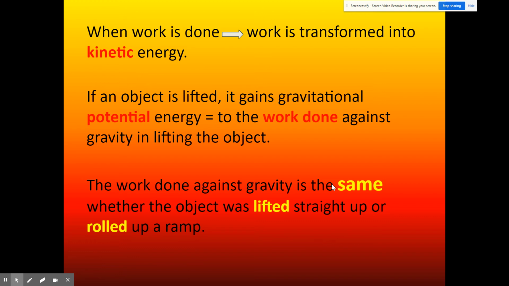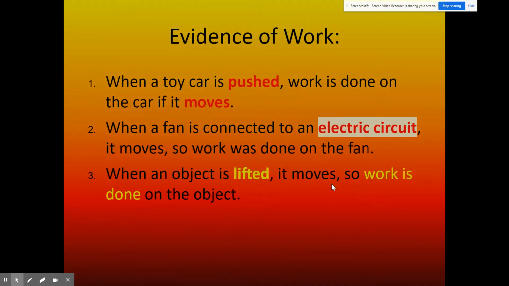You put this object in this location, and that's the work that was done. Now, the force, or the effort required to get that object where it needs to be, is different than work, but it doesn't matter how you did it, the work is the same, even if you used a tool to help you.